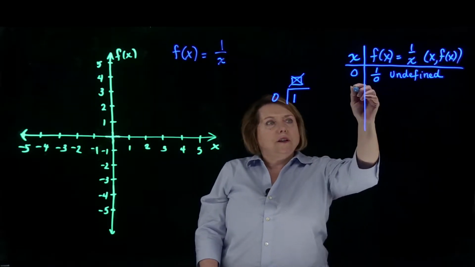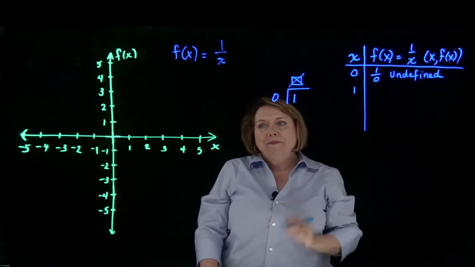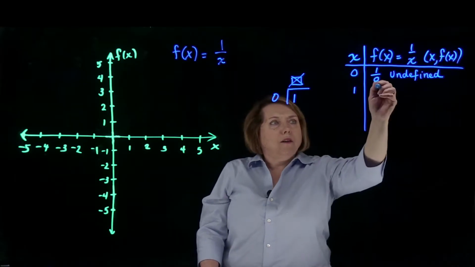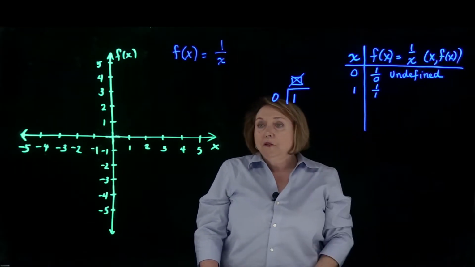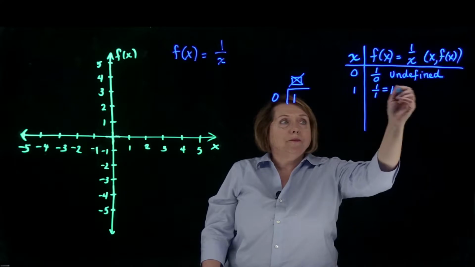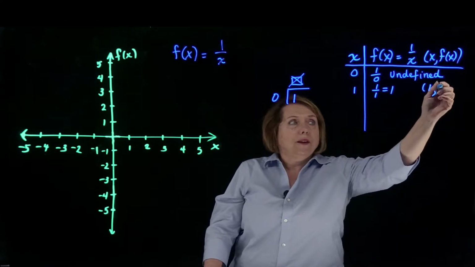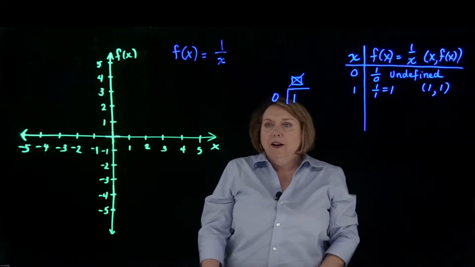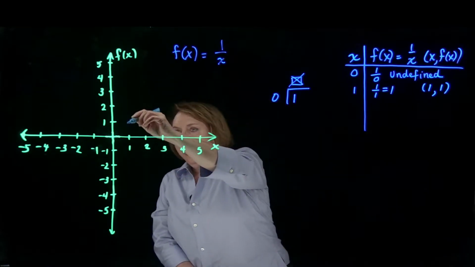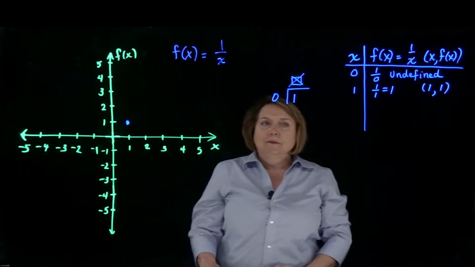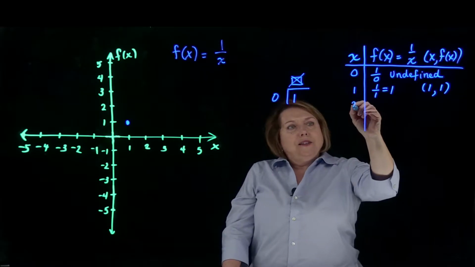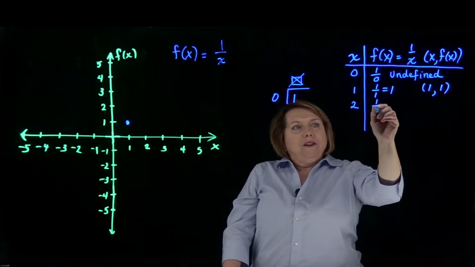Let's choose a value of x like 1. So if x is 1, I have 1 divided by 1. That's okay. That's just equal to 1. So our ordered pair is 1, 1. And there it is. If x is 2, we'll have 1 divided by 2.